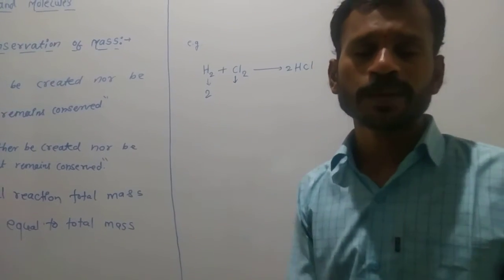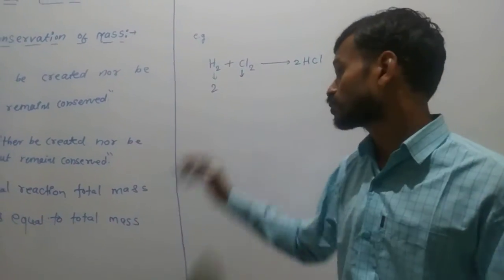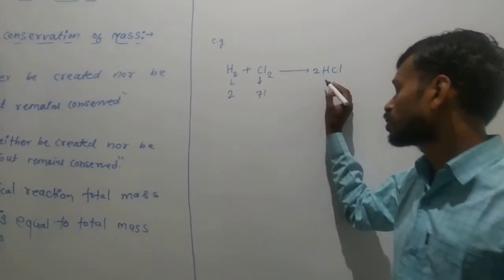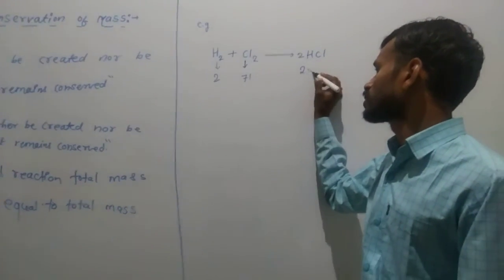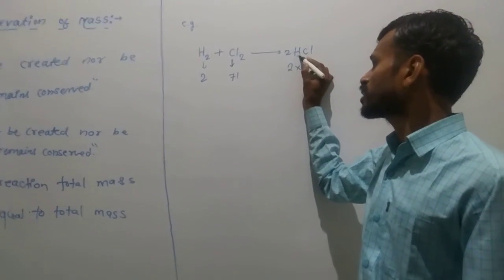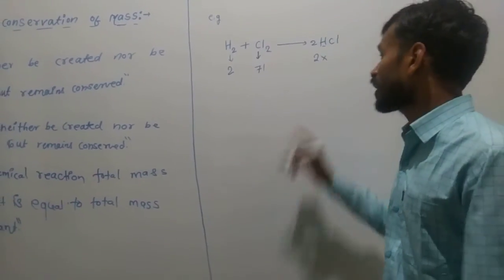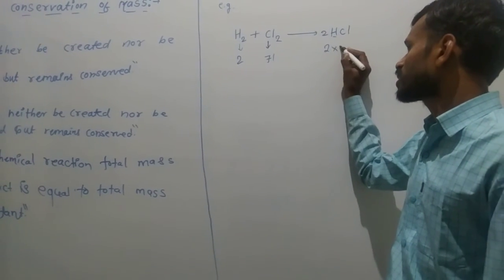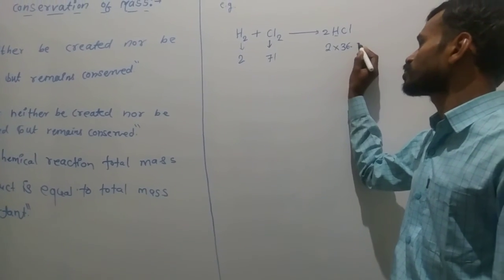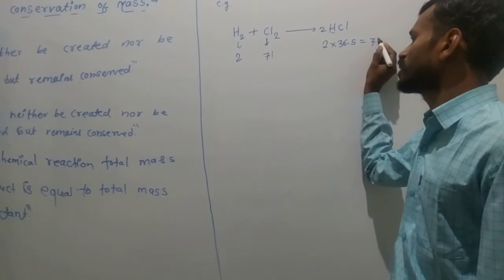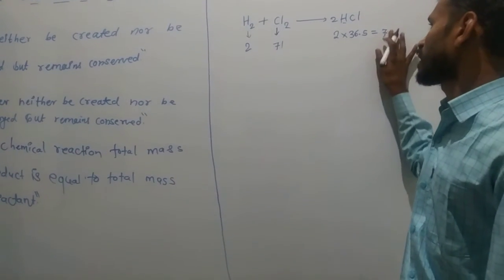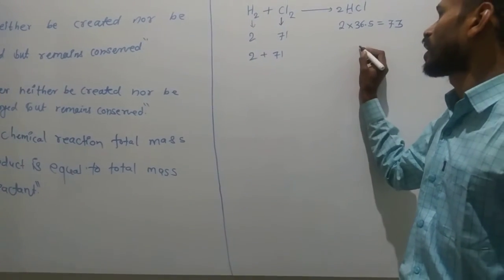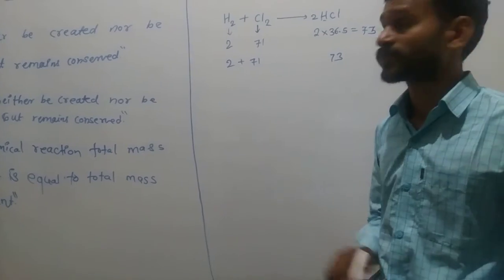One chlorine is 35.5, and two chlorine become 71. So on the product side, 1 plus 35.5 is 36.5, and twice that is 73. On the reactant side, 2 plus 71 is 73.